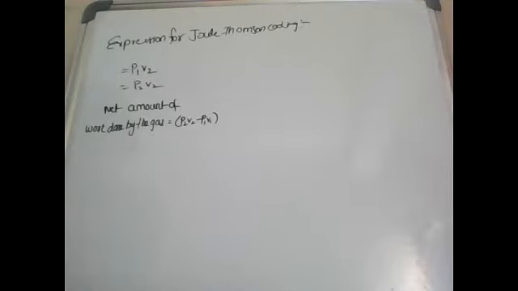If we assume the gas to obey the van der Waals equation, the attraction between the molecules is equivalent to an internal pressure A by V square, where A is a constant and V is the volume occupied by the gas.